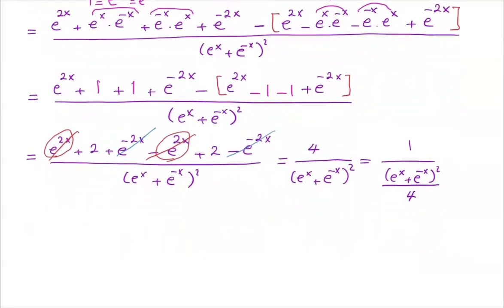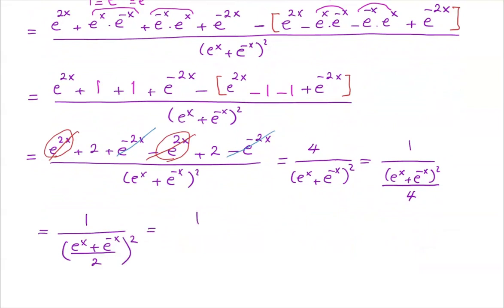But what is this guy? All right, we're going back to the basic definitions. This can be written as 1 divided by e to the x plus e to the power minus x, divided by 2, to the second power.